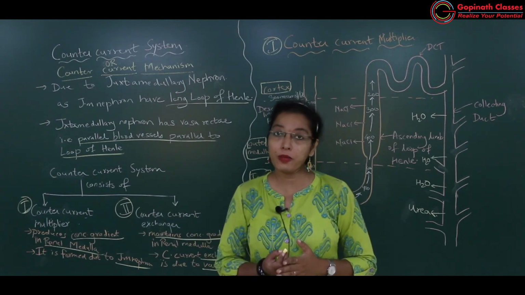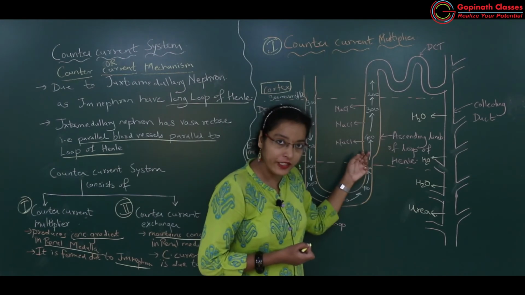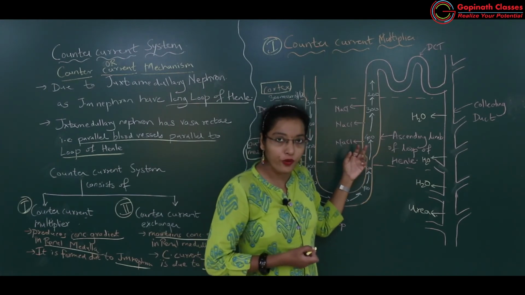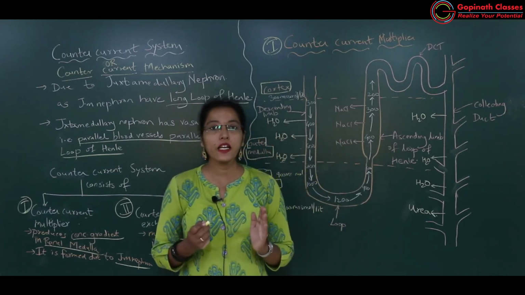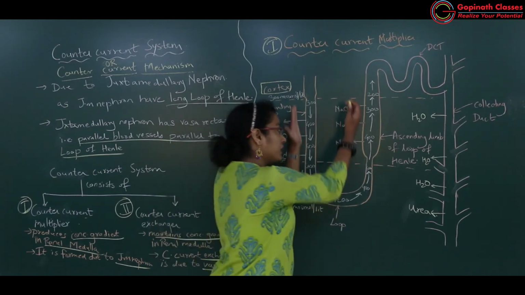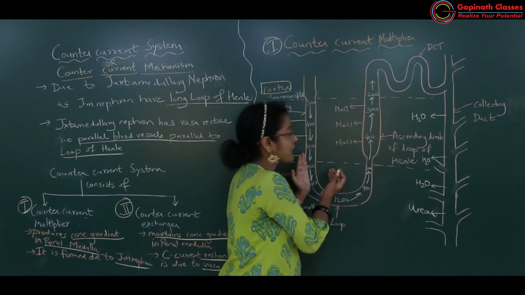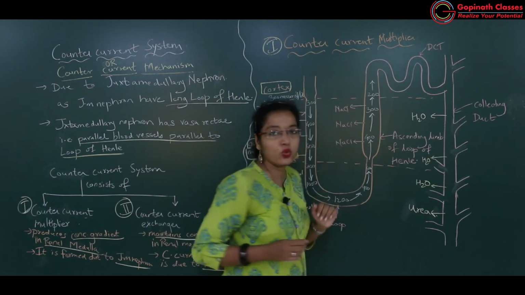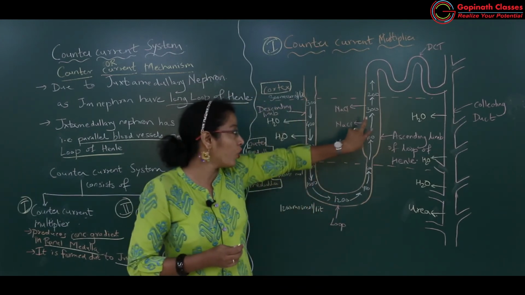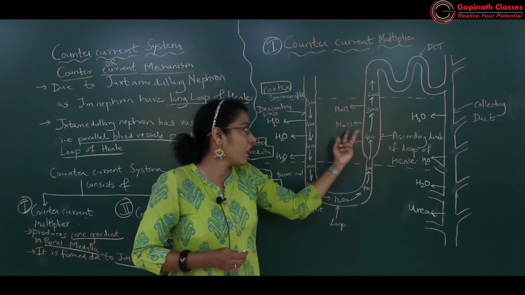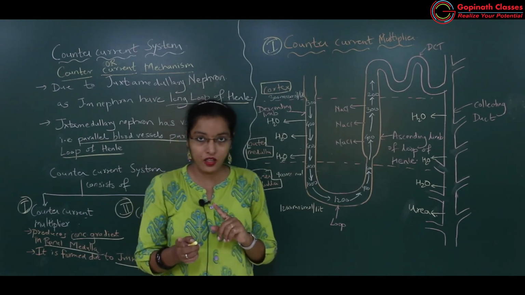It will take place because of the exchange of the ions between loop of Henle and vasa recti. Vasa recti क्या है? Vasa recti are the blood vessels, or you can say blood capillaries, which are running parallel to the loop of Henle.